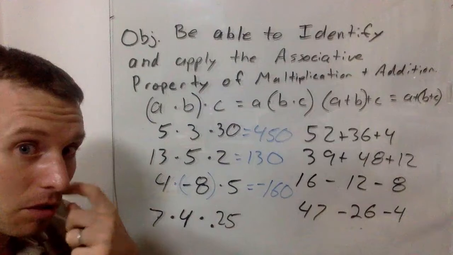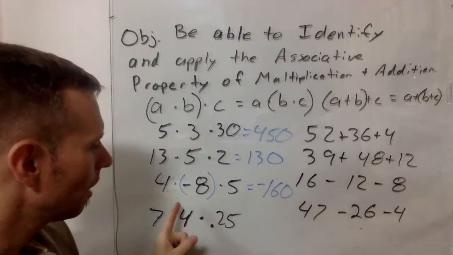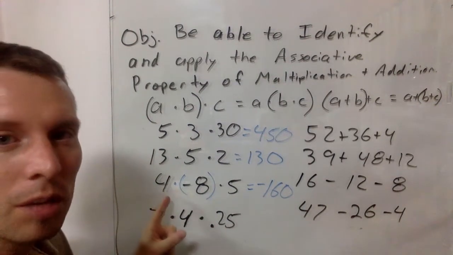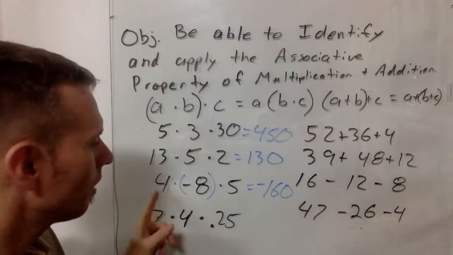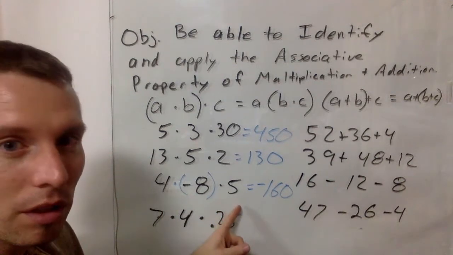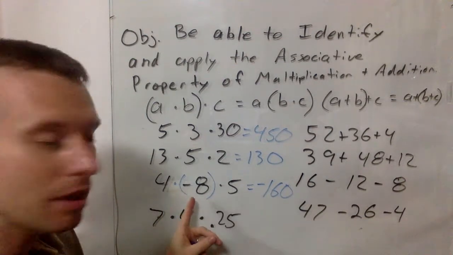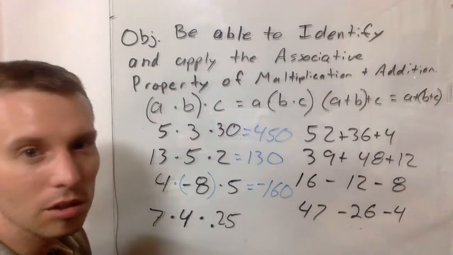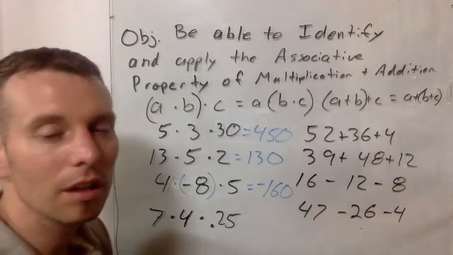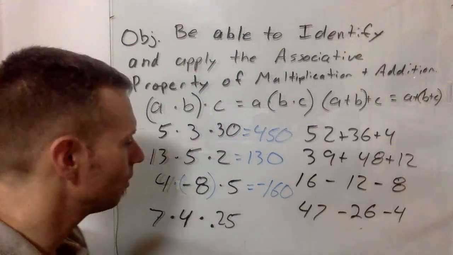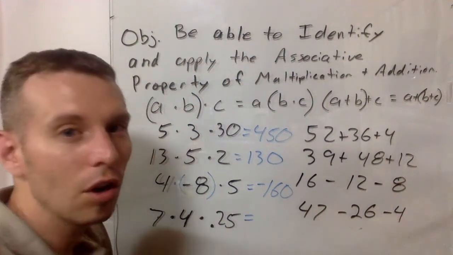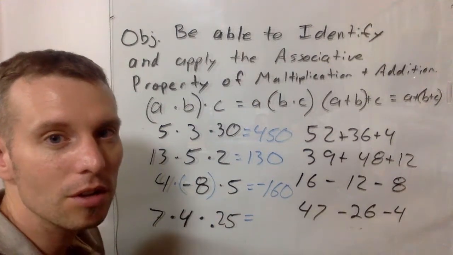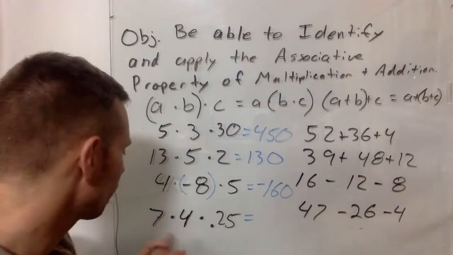Now, you might notice also, just as a side note, you could also have used the commutative property here and done 4 times 5 is 20, and 20 times negative 8 would give you negative 160. So, it's up to you how you would use these, but a lot of times, if you know how to do them, and you know the options, then you can pick which one's right for the situation.